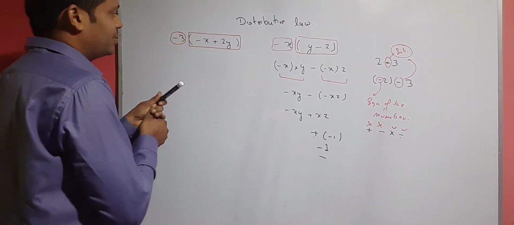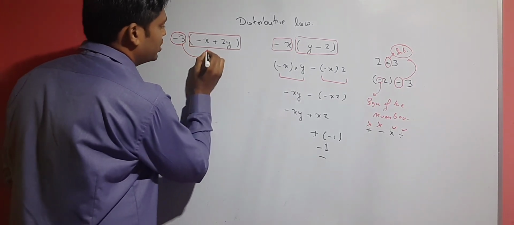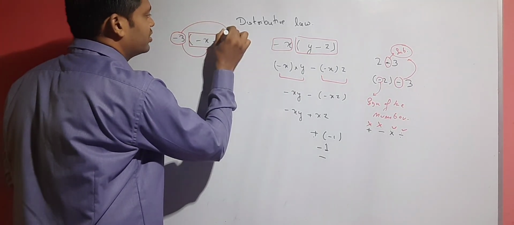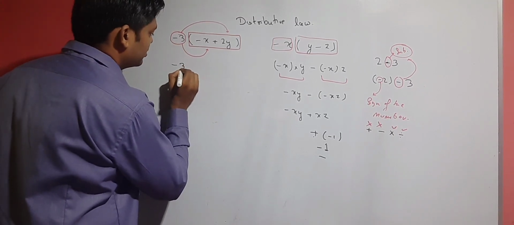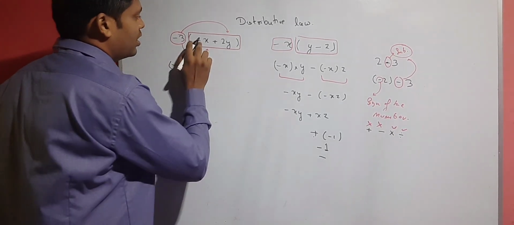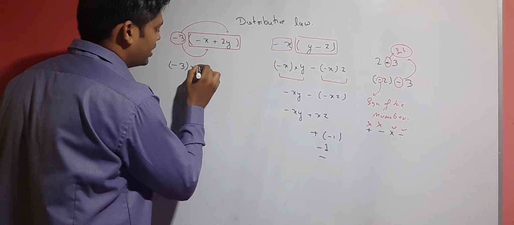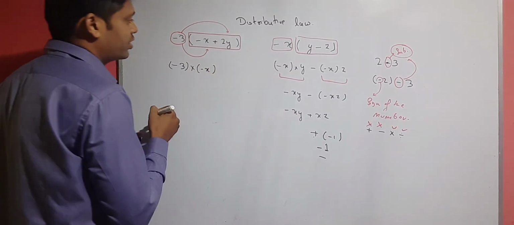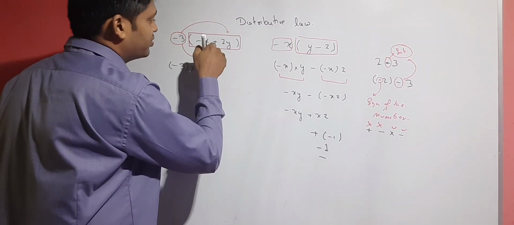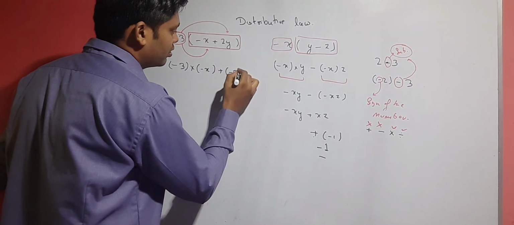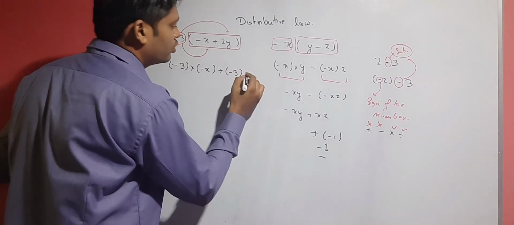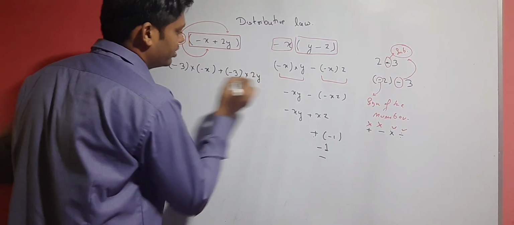That is the method. First we will do it with this one and with this one, whatever signs they have. So minus 3 as it is, the bracket minus, now multiply again with minus x. Then what sign does it have, plus sign. Now this one, minus 3 into 2y, plus sign, no problem, very easy.